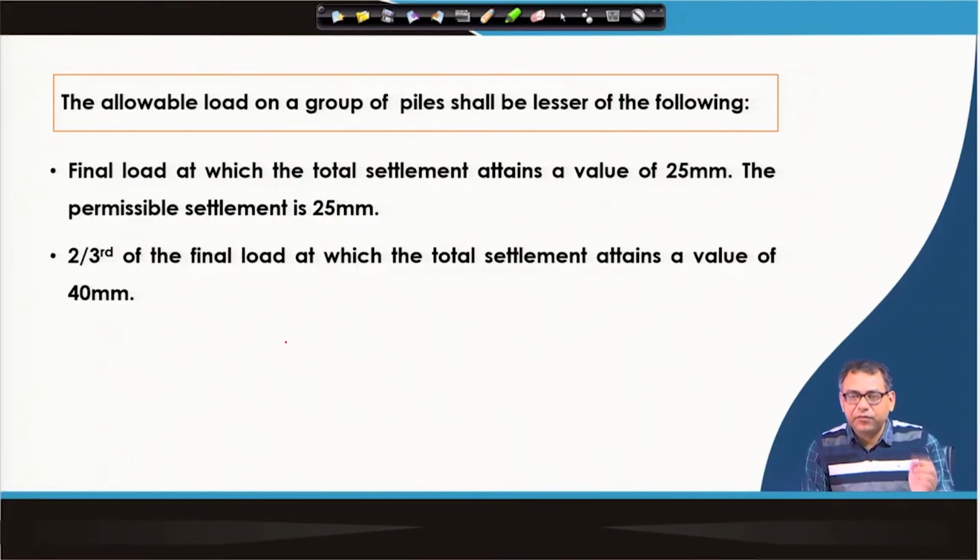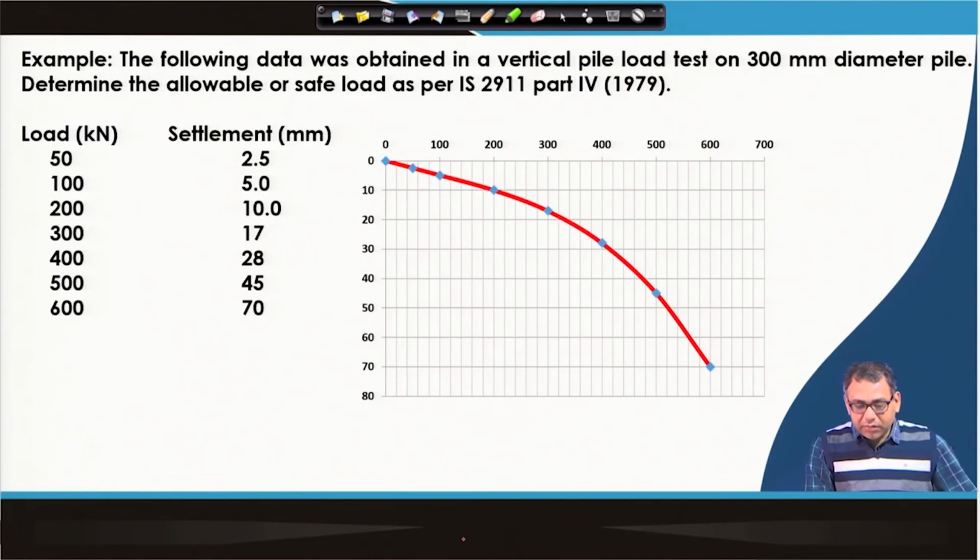That means we will take the full load corresponding to 25 millimeter and 2/3 of the load corresponding to a settlement of 40 millimeter, and the minimum of these two will give you the allowable load carrying capacity of the group pile. So, the initial criteria were for the single pile, and this is for the group pile. Now I will determine the load carrying capacity of the pile based on the load test.